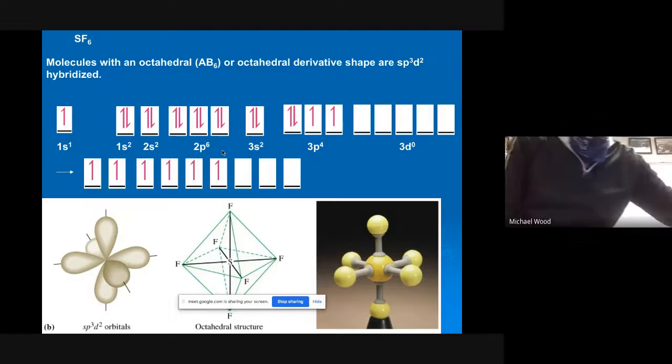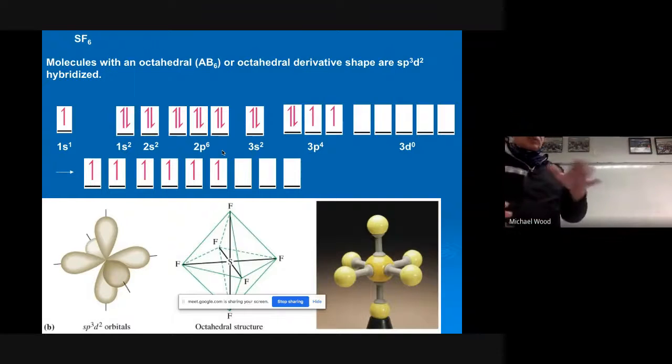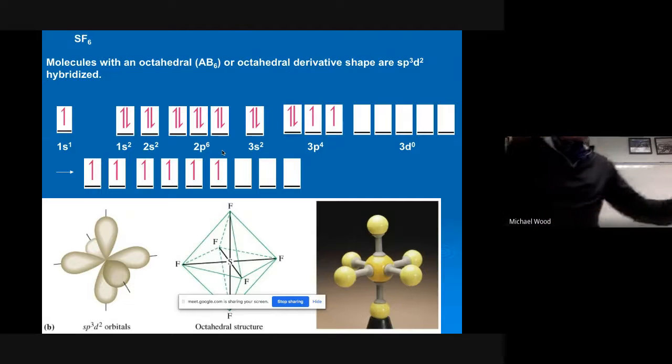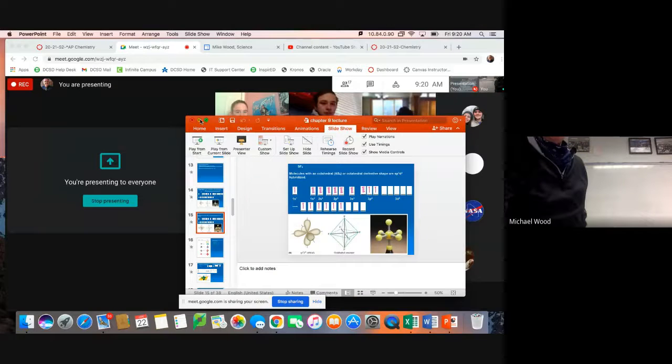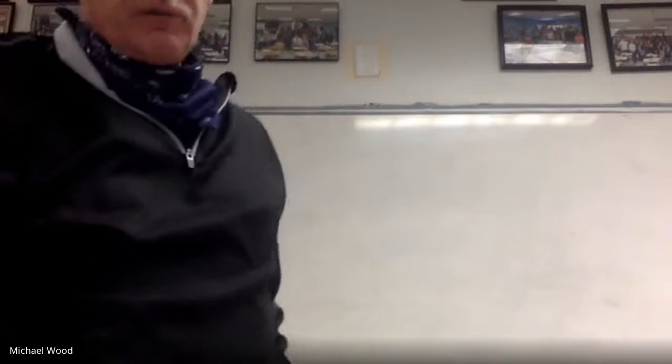Okay, and again, I'm going to try and just explain kind of the diagram here.